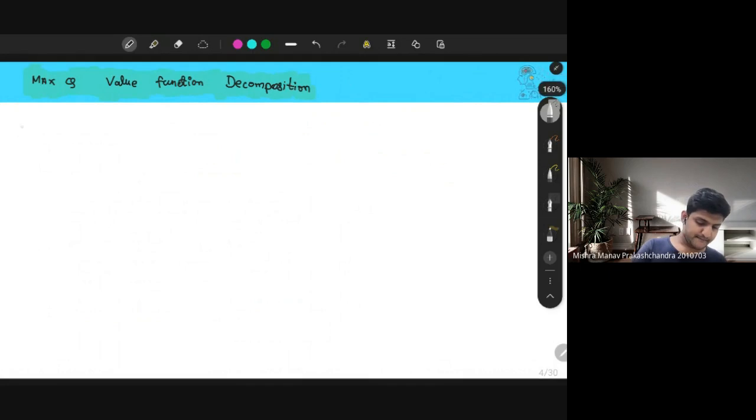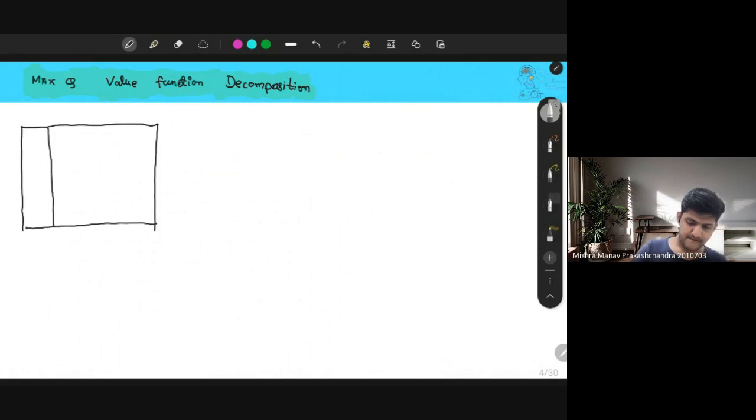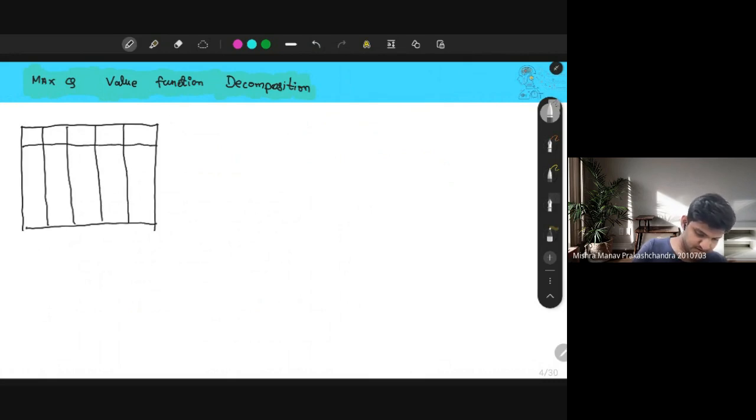Okay. How do I draw this? So this is a 5x5 grid world kind of a problem.